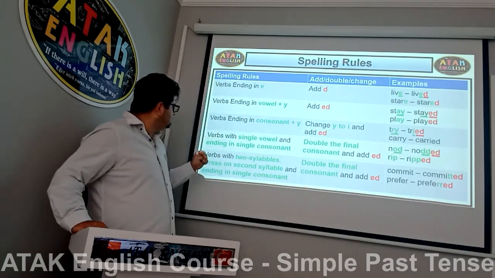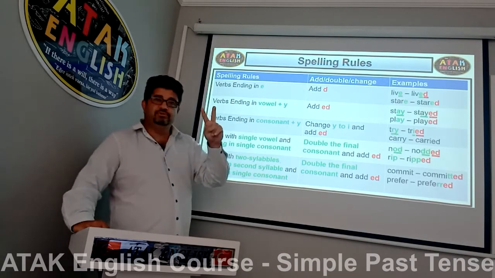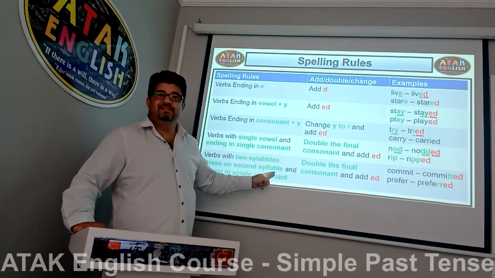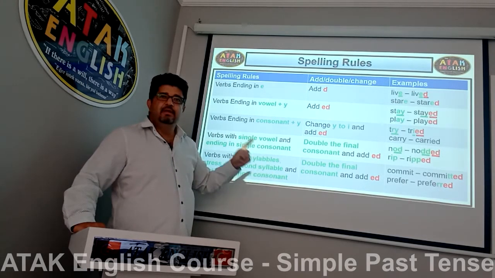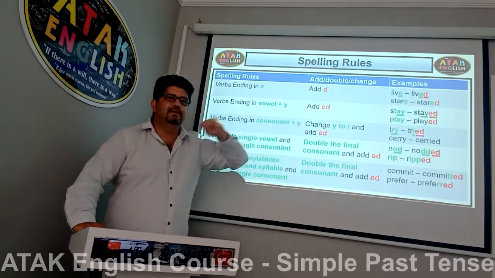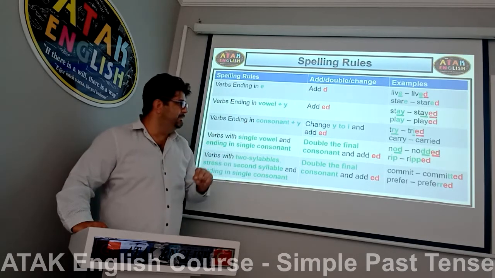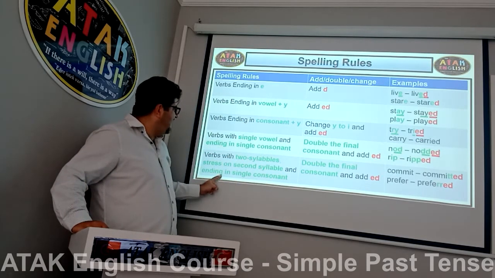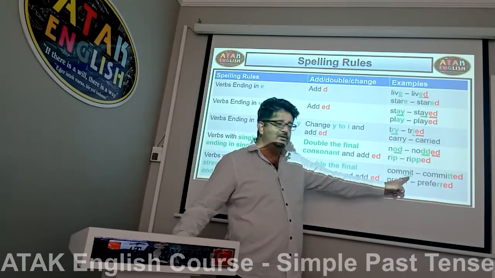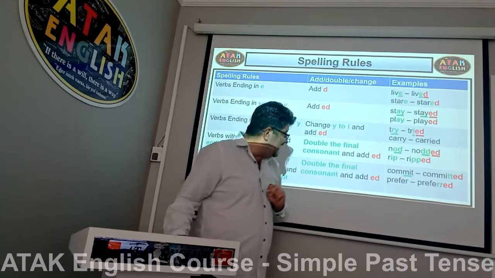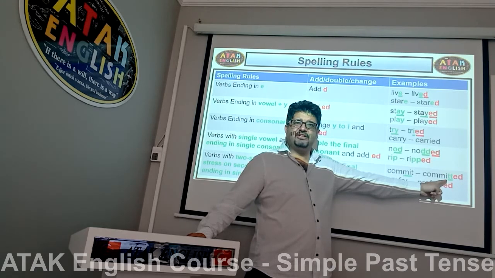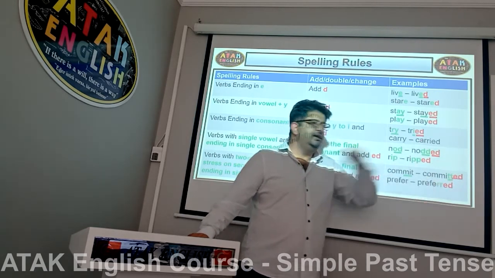So our rule says if a word has 2 syllables, with stress on the second syllable, commit, and ends in a single consonant, here T, then we double the final T and put ed at the end.